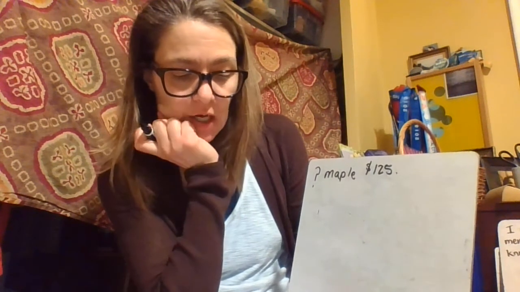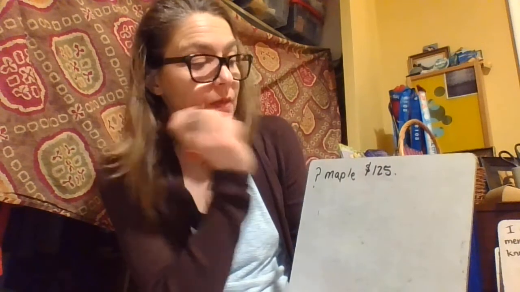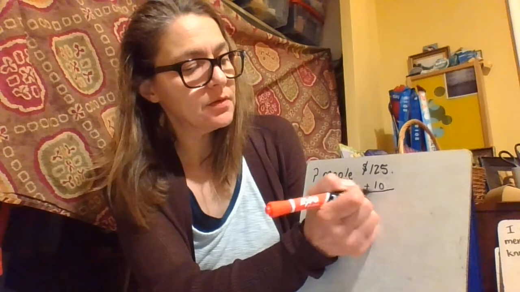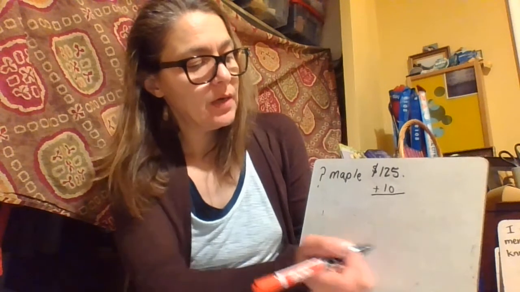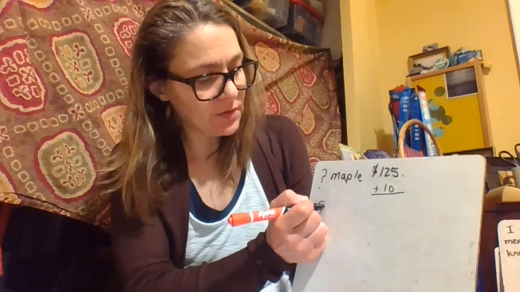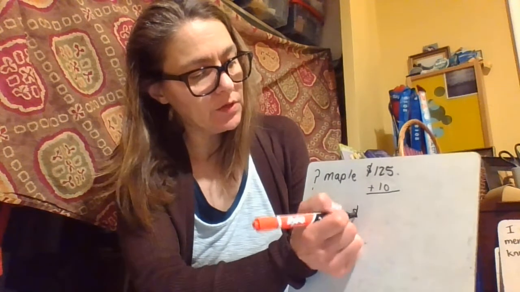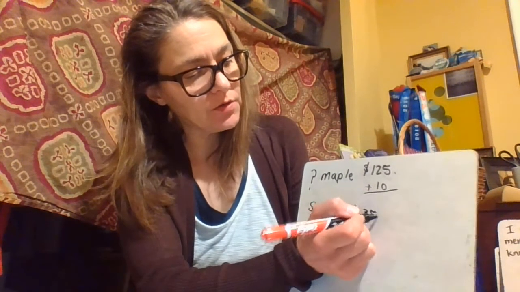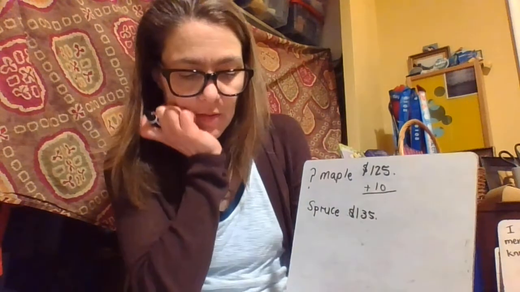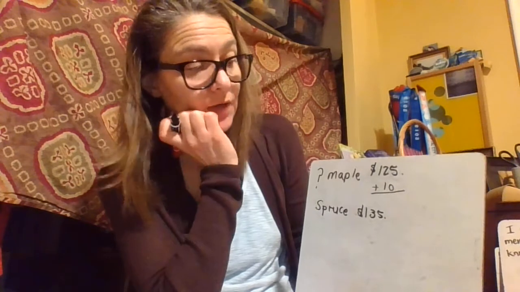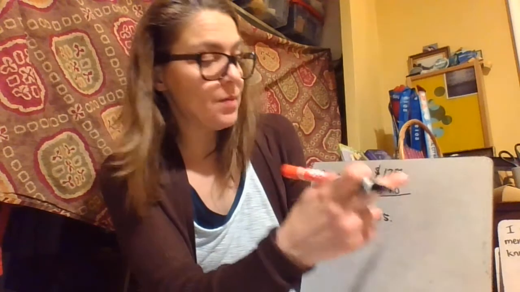So a spruce tree costs $10 more than the maple. So we're going to add 10 to the maple. And so now we have the cost of the spruce tree is $135. And then they're telling you that the elm tree costs $100 more than the maple.